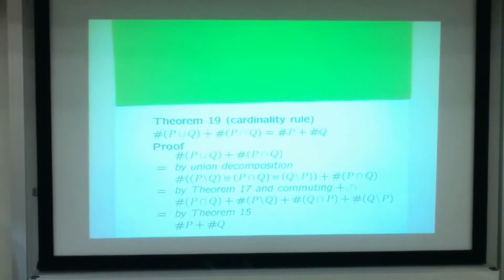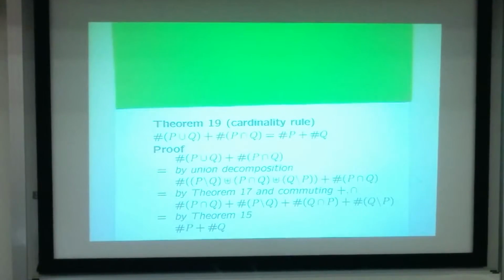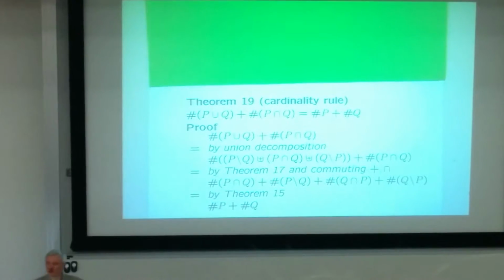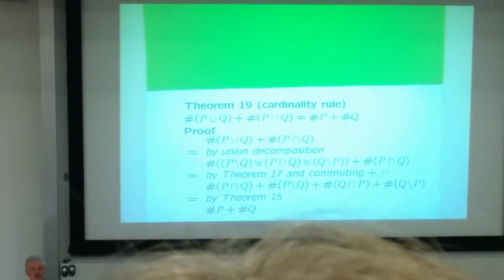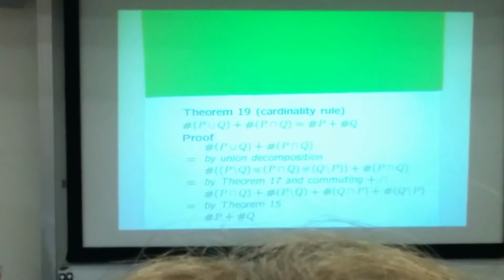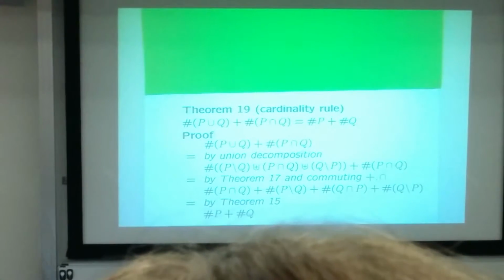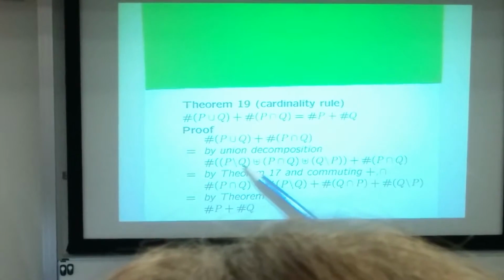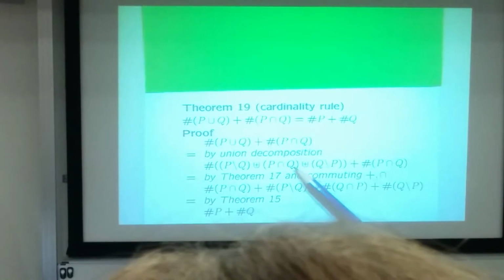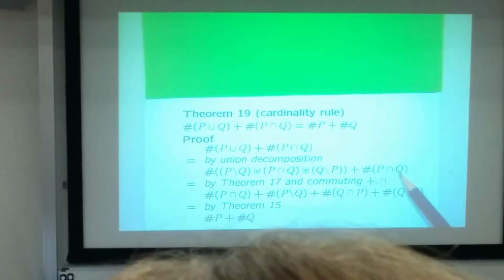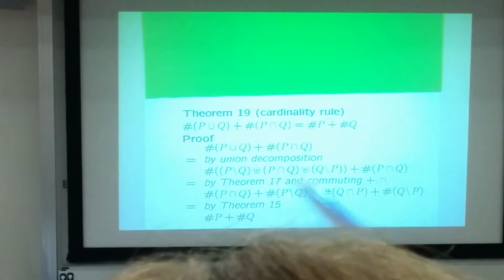Then I do something along the way, which you might think is just me being difficult. Well, I can't pretend that I'm not mischievously difficult sometimes, but that's not what I'm doing on this occasion. What do I mean? Well, here I've quite clearly got them in the order P difference Q, P intersection Q, Q difference P, P intersection Q, and then I just want to add those up.